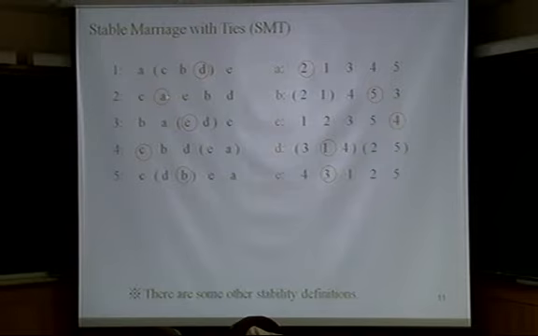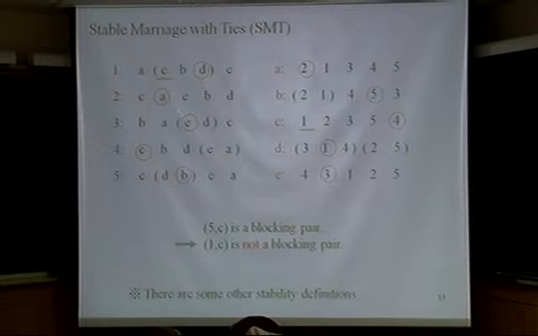And then we define 5C as a blocking pair because, for the same reason, 5 and C can both improve the situation. But 1C is not a blocking pair in this definition. C can improve, but 1 remains the same. In that case, we don't say this is a blocking pair.